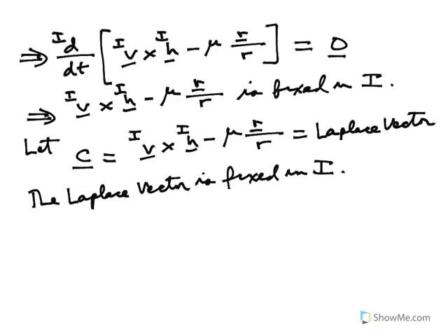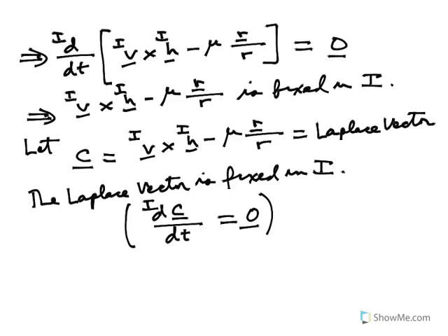In other words, if you want it for completeness here, it says that dC dt in I is equal to 0. But we normally don't deal with the Laplace vector. We actually deal with everything scaled by the gravitational parameter.